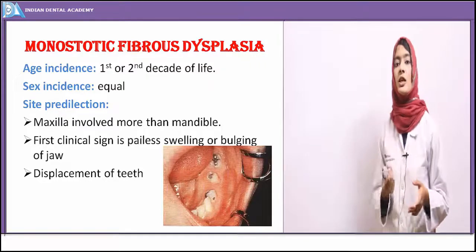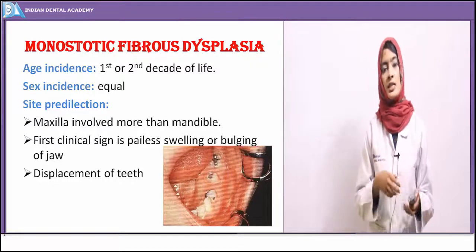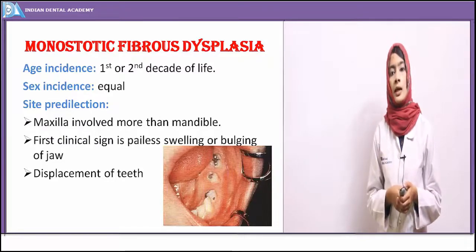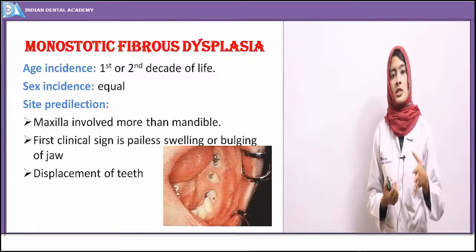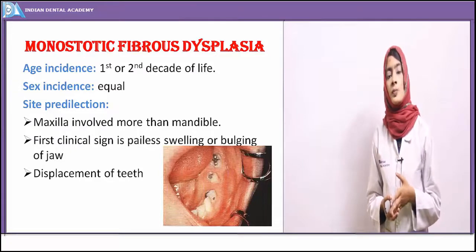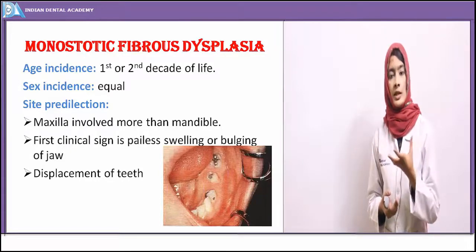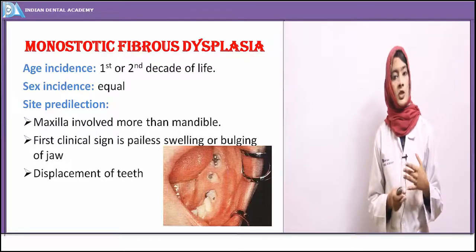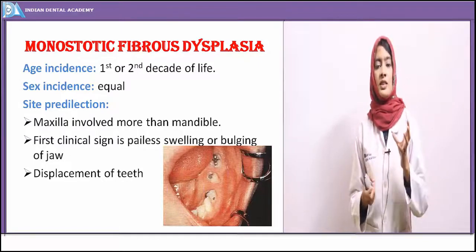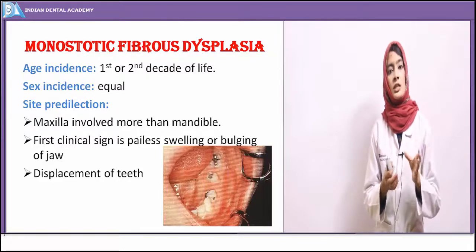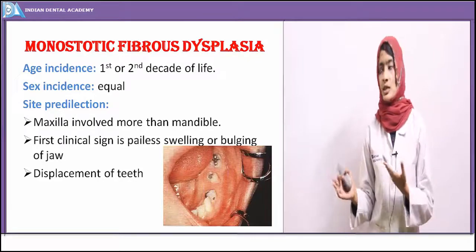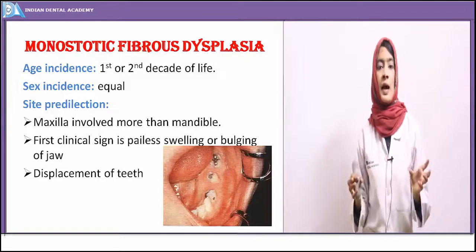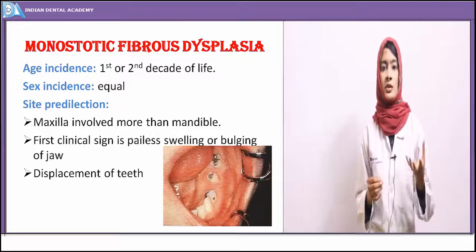Initially, whenever it affects the maxilla, there is a bulge in the labial or buccal mucosa. It may extend to the lingual plate also, but the buccal or cortical plate shows expansion. So there is a painless swelling or bulging of the jaw, as the lesion is fibrous in nature and expanding.